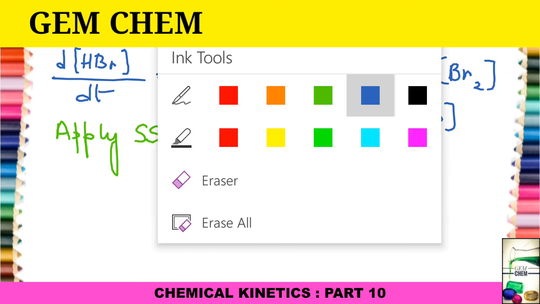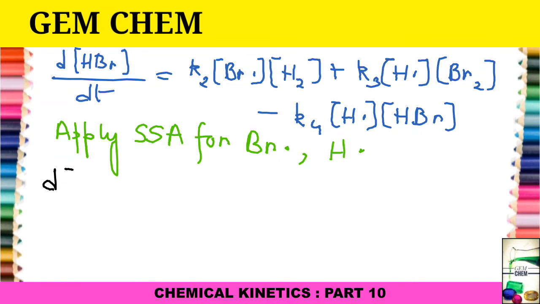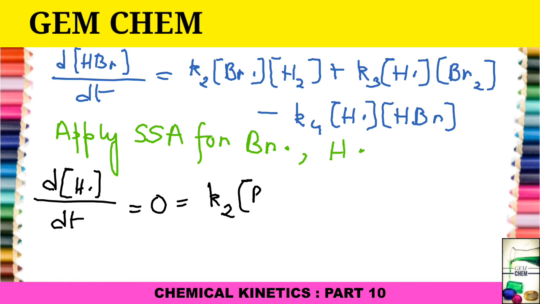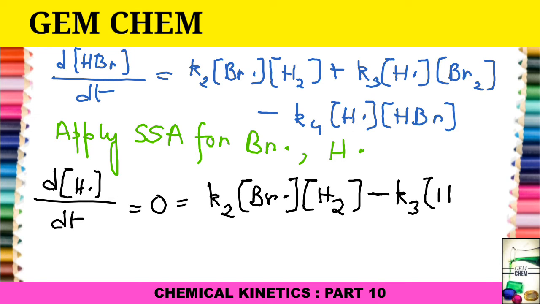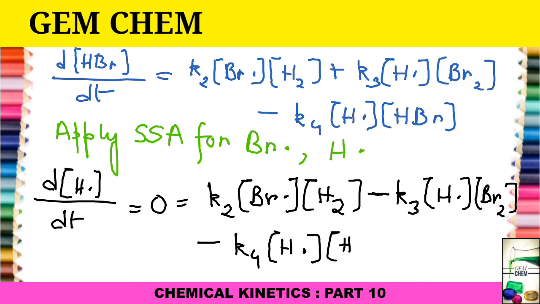First we will have d[H dot]/dt equal to 0. This can be written as K2 Br dot H2 minus K3 H dot Br2 minus K4 H dot HBr.